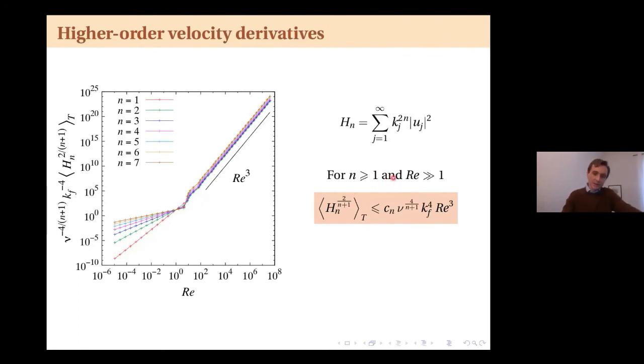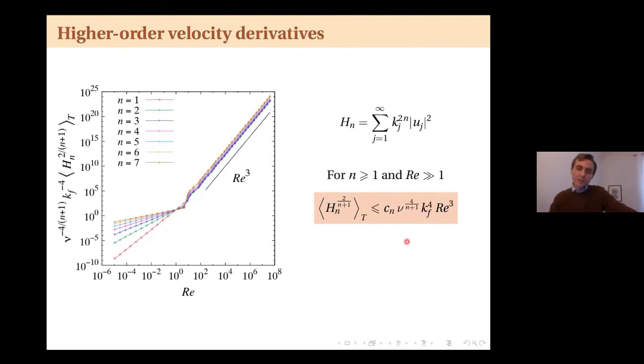As you can see, this is a high Reynolds number result, and indeed it only holds at very high Reynolds numbers for different orders of differentiation. At lower Reynolds numbers, there is a different dependence on the Reynolds number for each order of differentiation, but this is also something which can be understood within the proof.